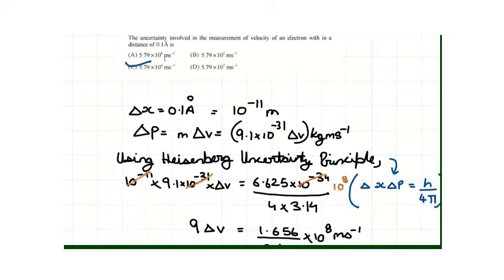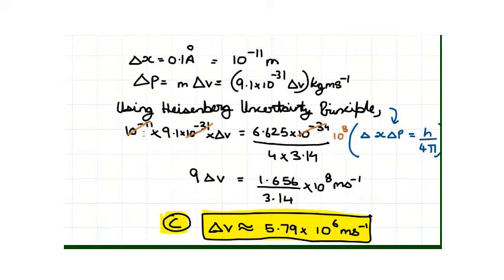And using uncertainty x into uncertainty p equal to h by 4 pi, we get this equation 10 power minus 11 into 9.1 into 10 power minus 31 uncertainty in velocity equal to value of h 6.625 into 10 power minus 34 divided by 4 into 3.14, which is 4 pi.